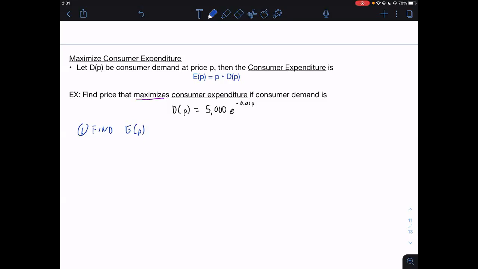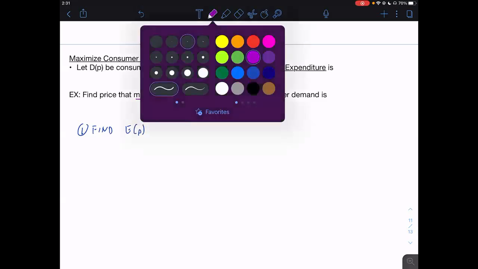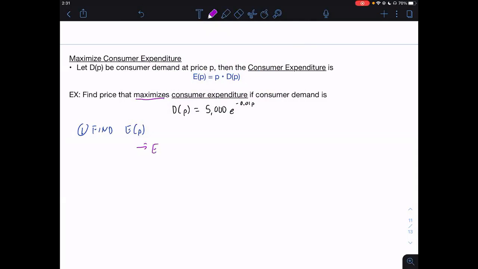All right, so looking at what we have above, to define E of P, we take P, where P is just some unknown price value, multiply by our demand function, D of P. So we're going to take P times 5,000 e to the negative 0.01 P. Really can't do much else with this, so let's just leave it as it is.